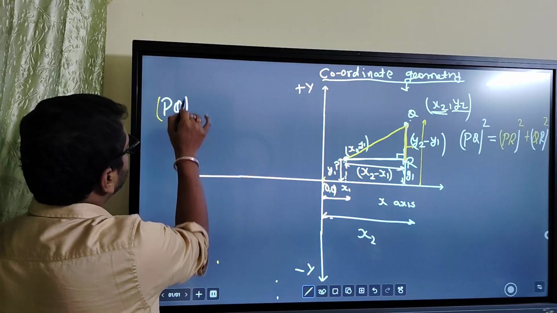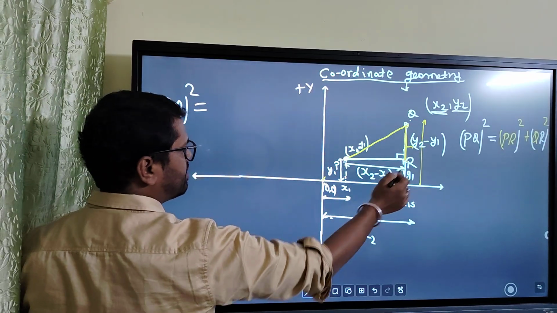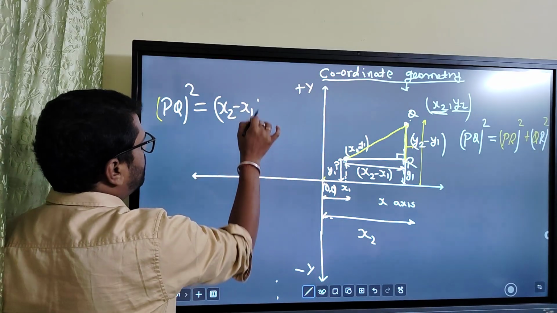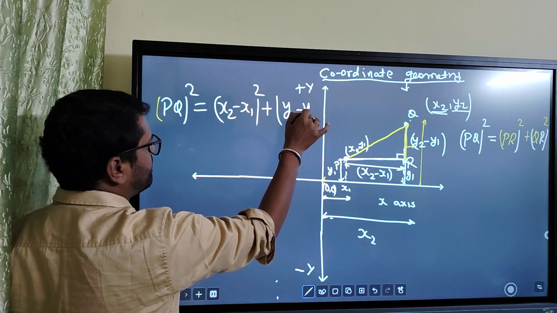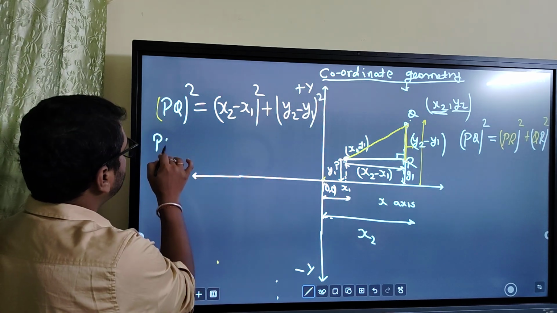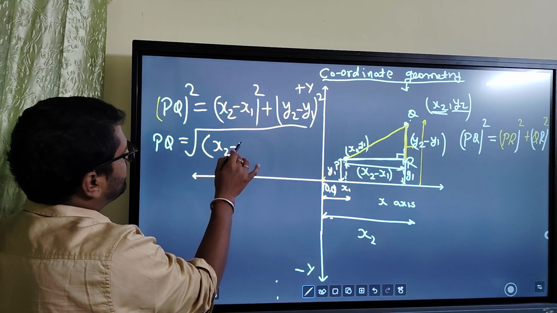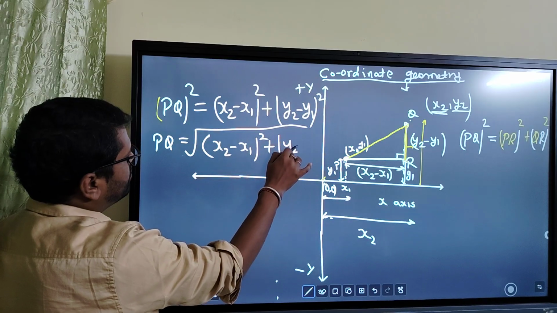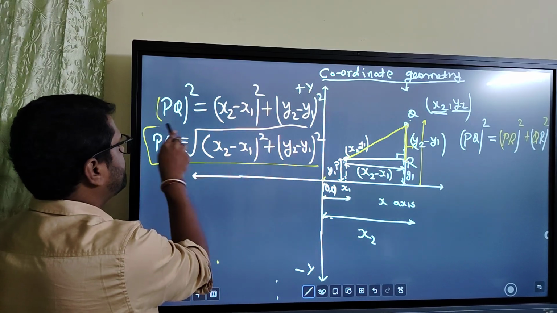PQ square is equal to base x2 minus x1 whole square plus y2 minus y1 whole square. But we want only PQ, so it will be under root of x2 minus x1 whole square plus y2 minus y1 whole square. So this is the distance formula.